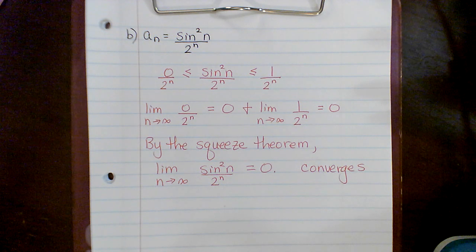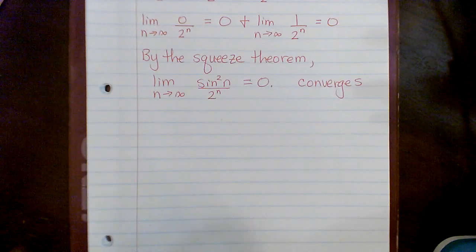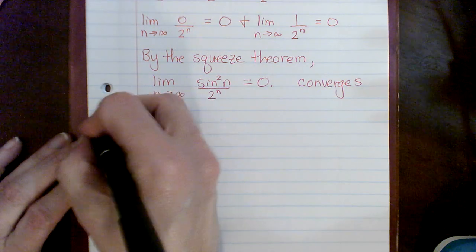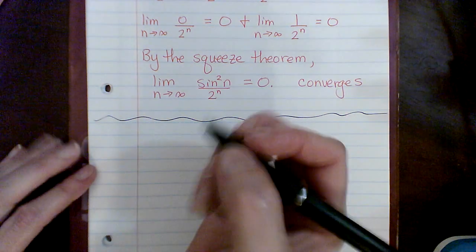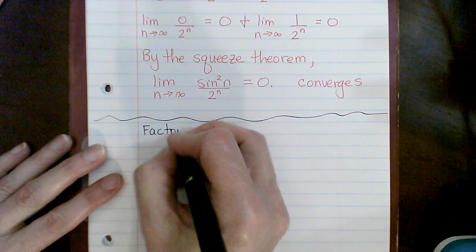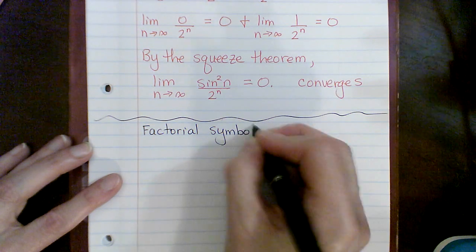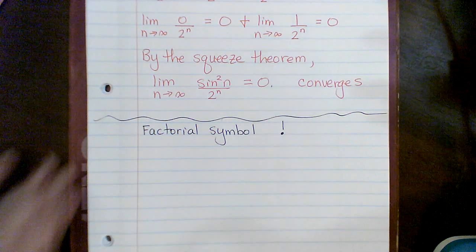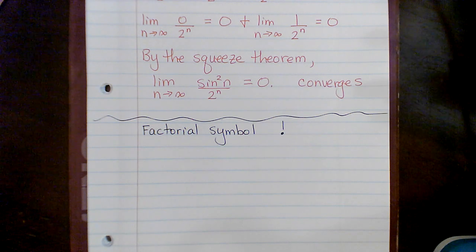Okay, so next up is something called factorials. Now, you may have seen the factorial symbol before. The factorial symbol is a little exclamation point, and it represents an actual operation.